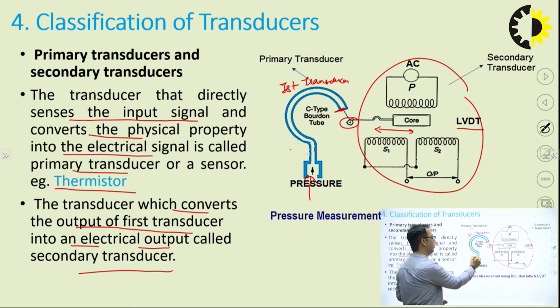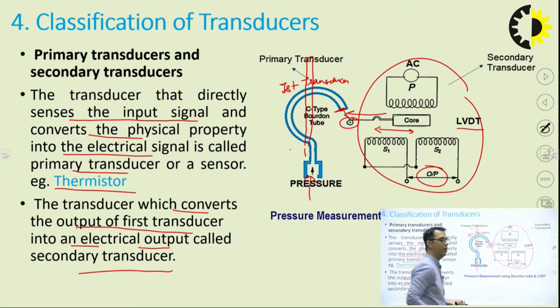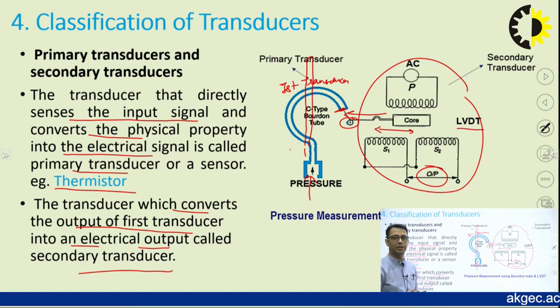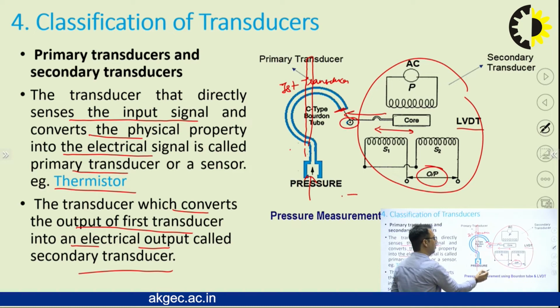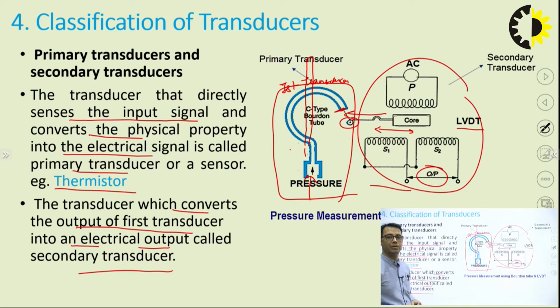This Bourdon tube tries to get stretched in this manner. When it gets stretched, this core will get displaced to this side, and the core displacement will be converted into electrical output. Here the output is proportional to the displacement of the core, and that core displacement is proportional to the pressure. So here we have used two stage transduction. This becomes our primary transducer and this becomes the secondary transducer.